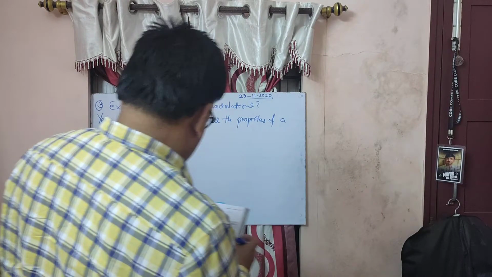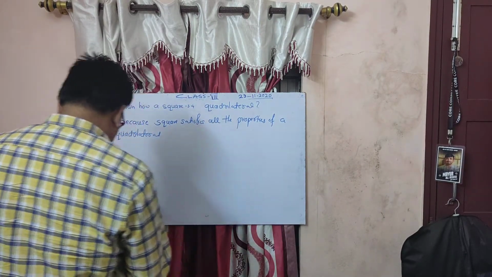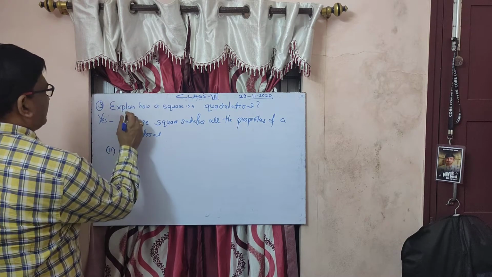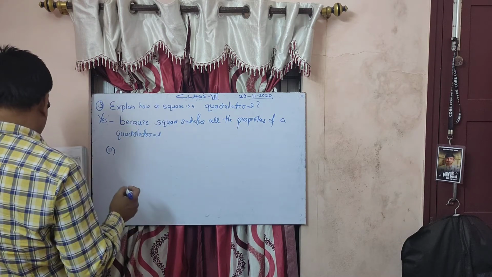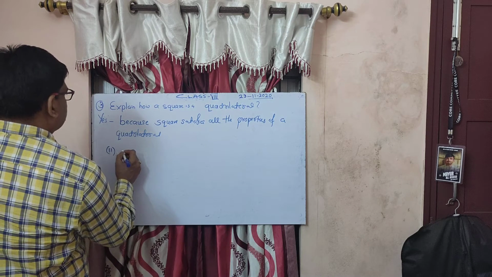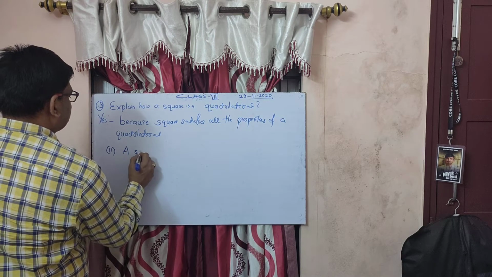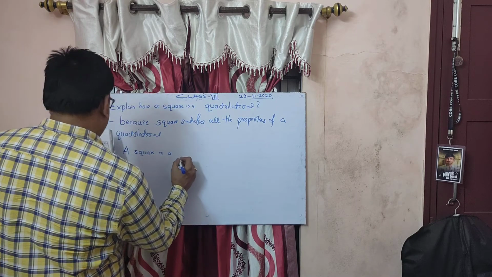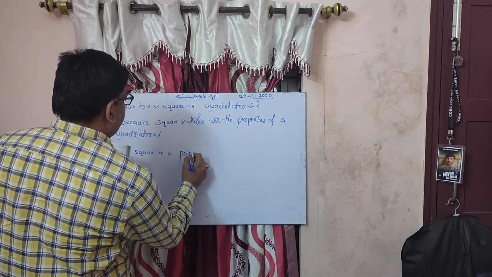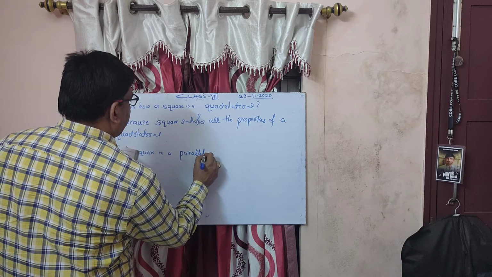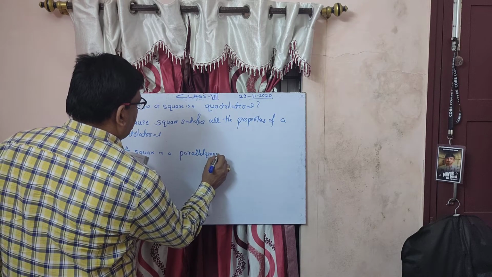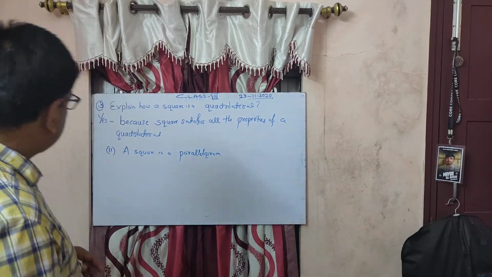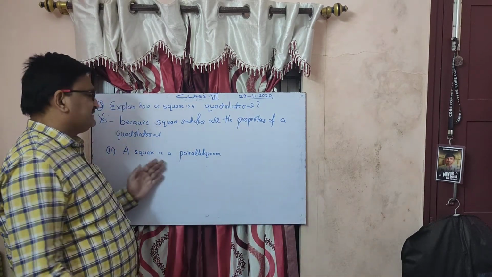Now the second question. Explain how a square is a parallelogram.